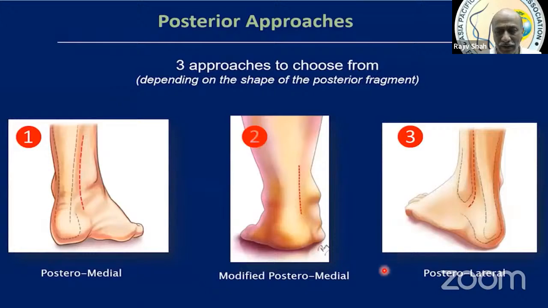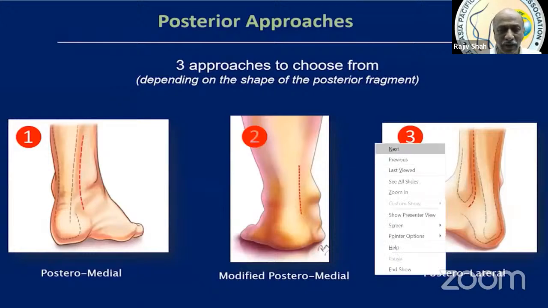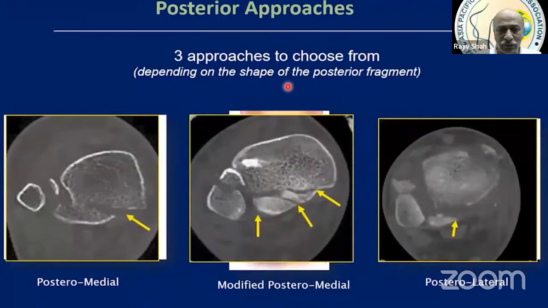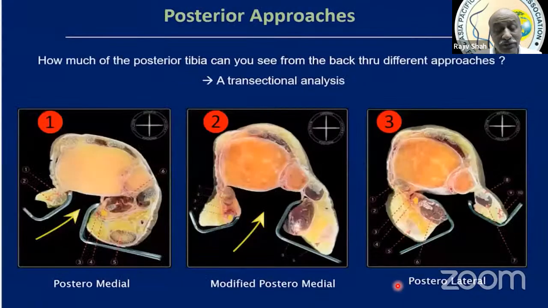We all know those. Now let's talk about modified posteromedial. There are three approaches to choose from depending on the shape of the posterior fragment. If you have a posteromedial fragment, you can do this approach. Modified posteromedial, when you have a posterolateral as well as posteromedial fragment plus some intercalated fragment, and for a posterolateral fragment you use a posterolateral approach.